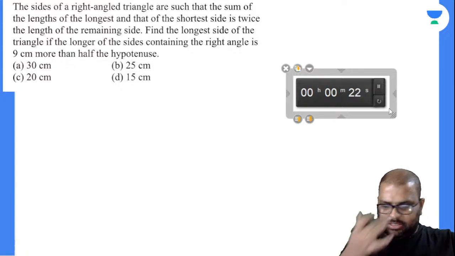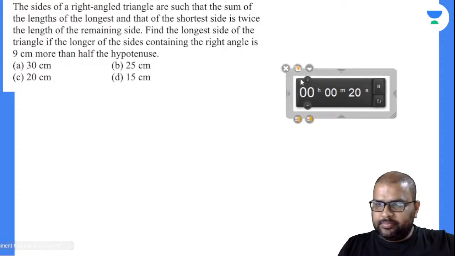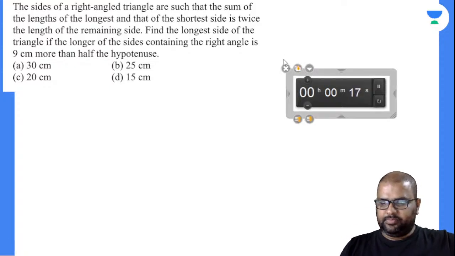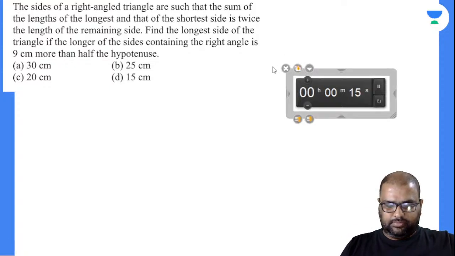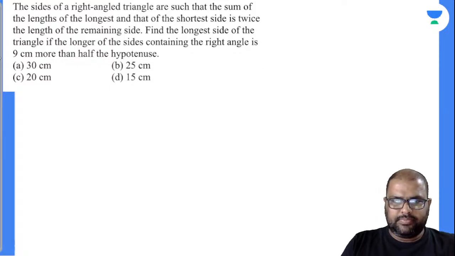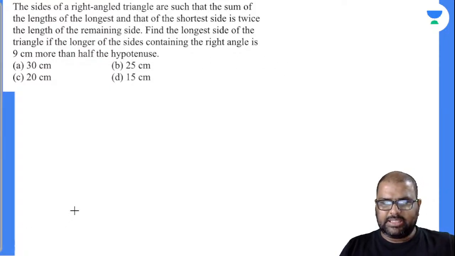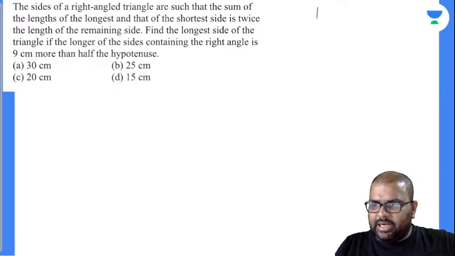Any answers for this? No answers. Because the point given here is the sides of a right angle triangle, it seems.